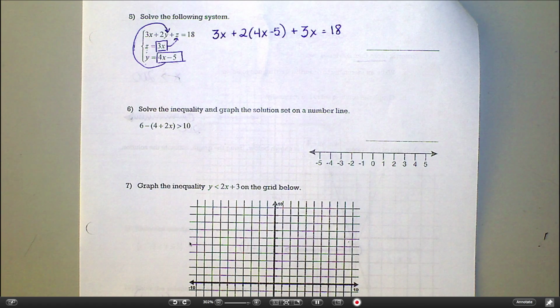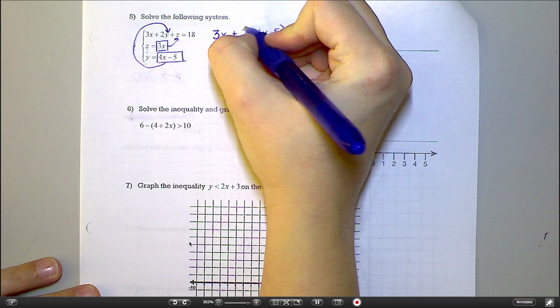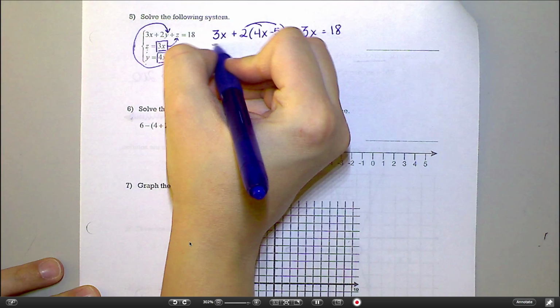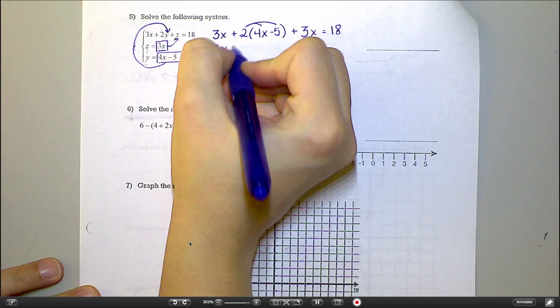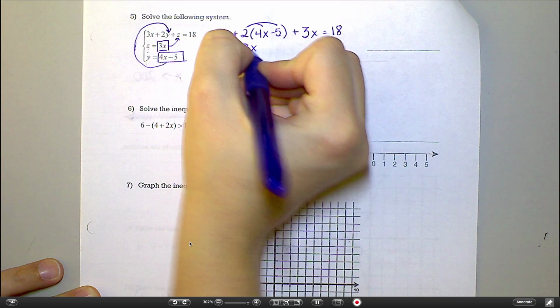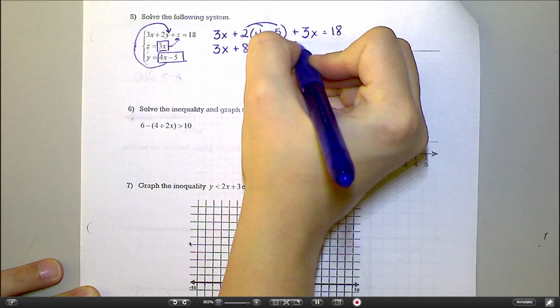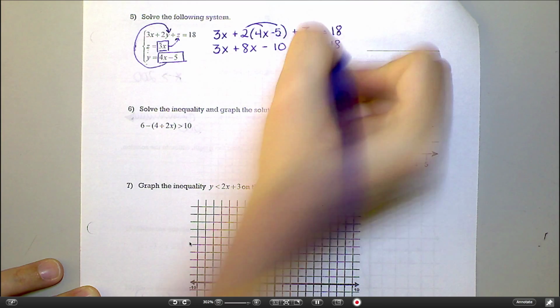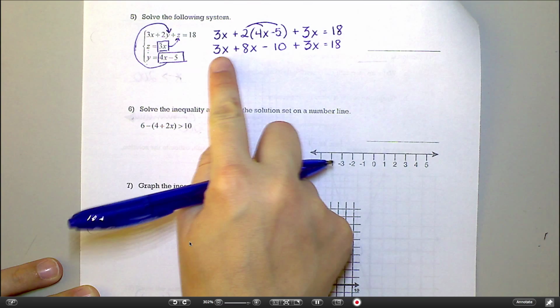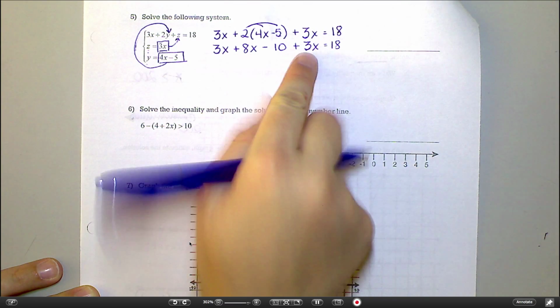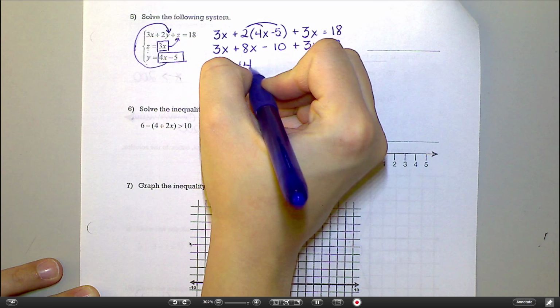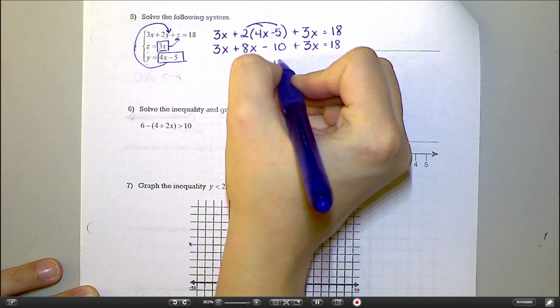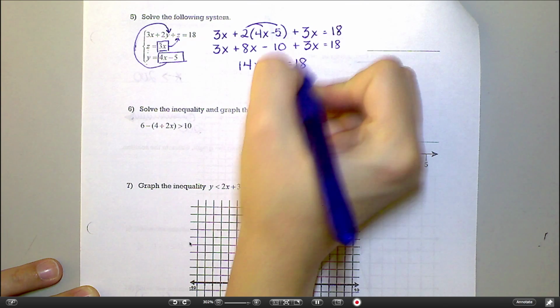So now we can just solve for x. So let's take this 2 and distribute. So now I have 3x plus 8x minus 10 plus another 3x is equal to 18. Combine my x's. Looks like I have 3, 8, and 3, which makes 14x minus 10 equals 18.